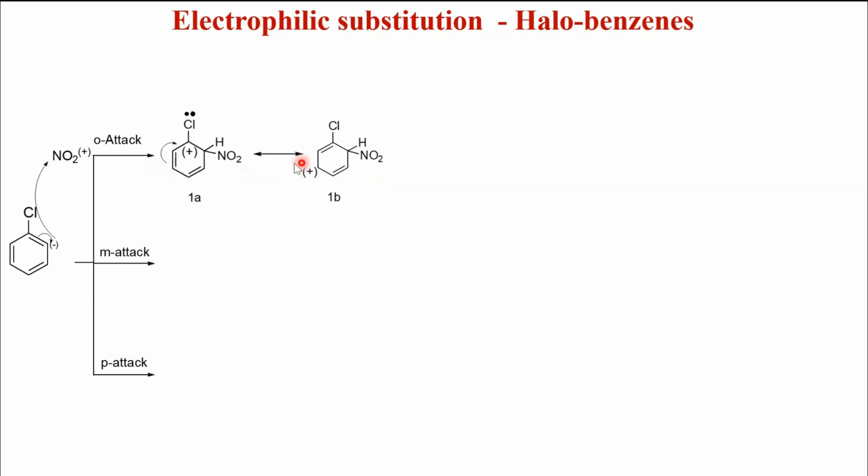To satisfy this positive center, the pi electrons from the adjacent carbon move, creating another positive center at the meta position. The carbon-hydrogen bond breaks and those electrons are utilized to satisfy this positive center, giving rise to ortho-nitrochlorobenzene with the removal of H+. Thus, the electrophilic substitution occurs.